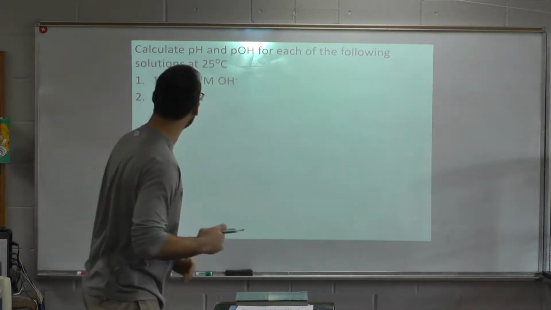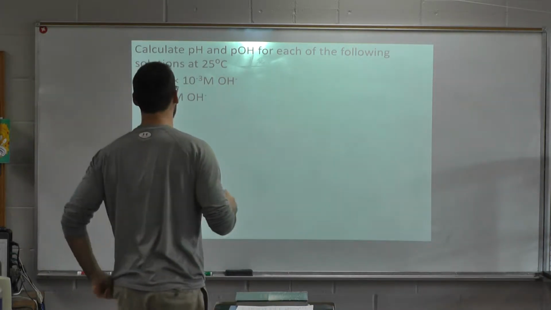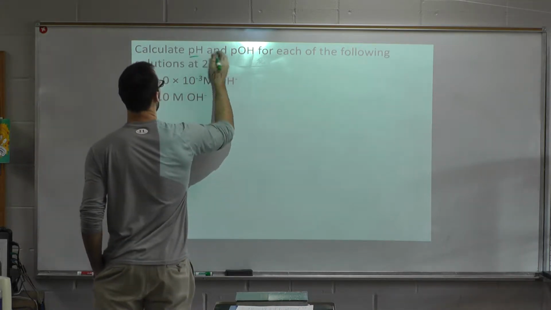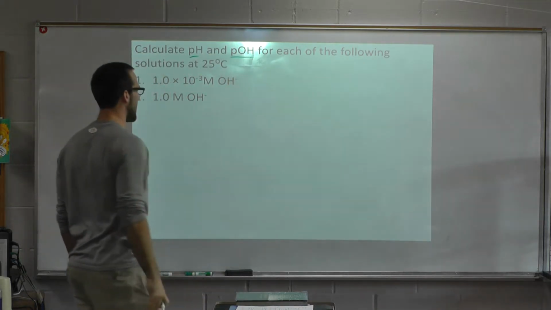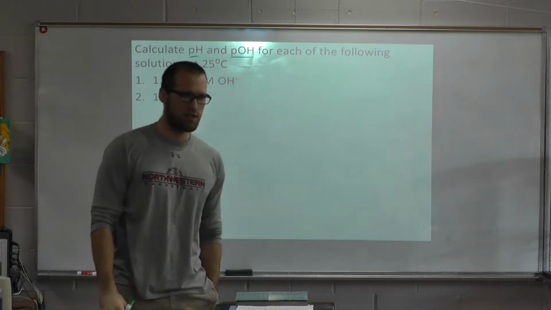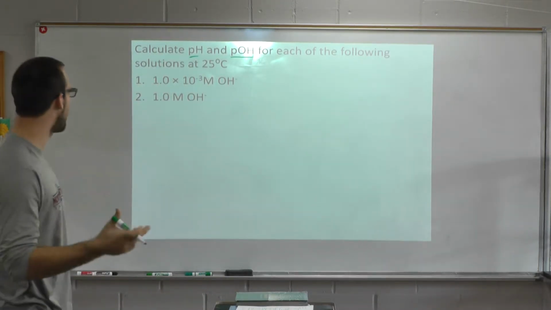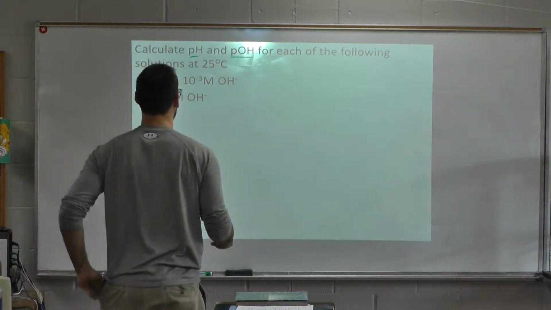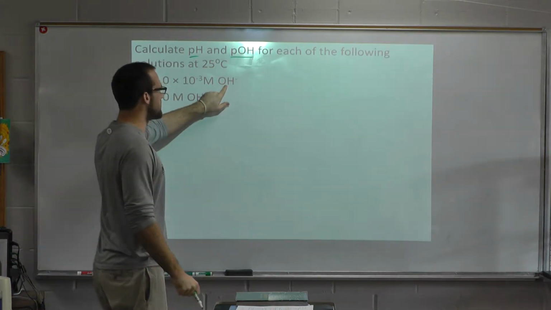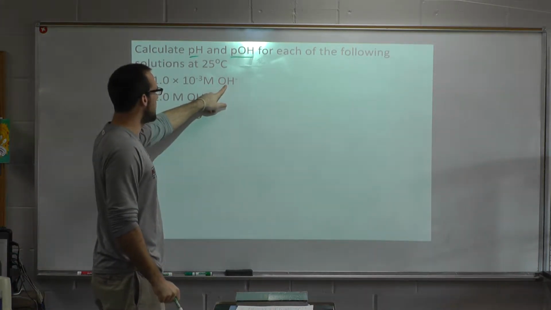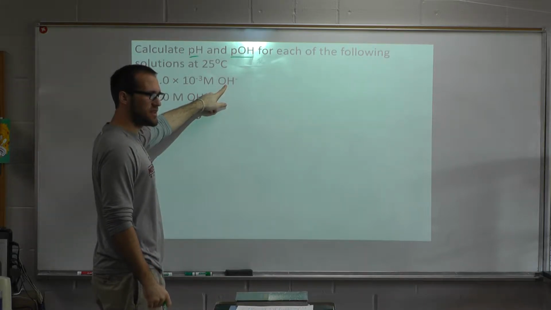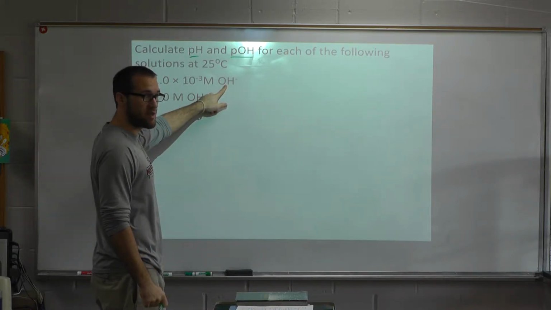So, if you look up here, it says calculate pH and pOH. Now you'll find that in these types of problems, you could actually solve these multiple ways. Like for example, if I have OH minus, I could take this using the KW equation to find the H plus concentration.